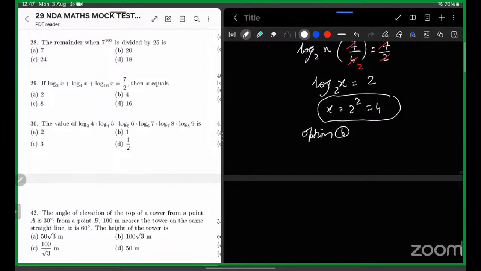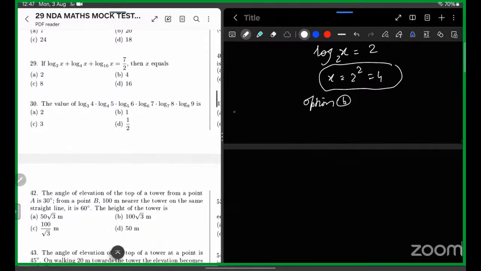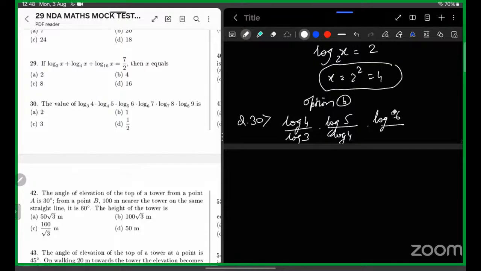Okay, next. See question number 30. Value of some numbers they are asking. Log 4 to the base 3 can be written as log 4 by log 3 into log 5 by log 4.